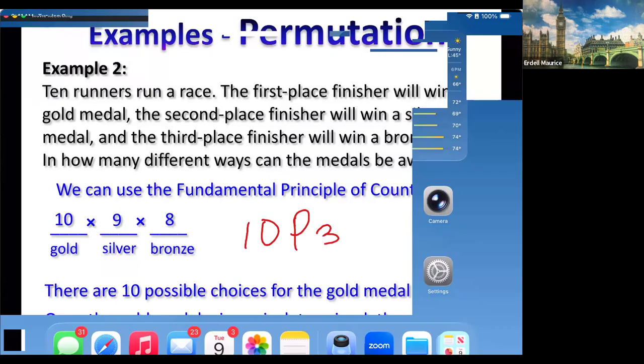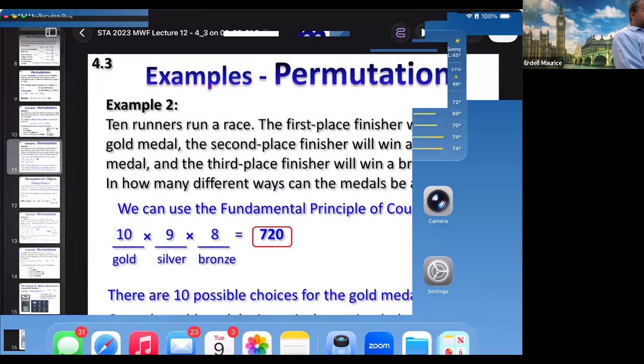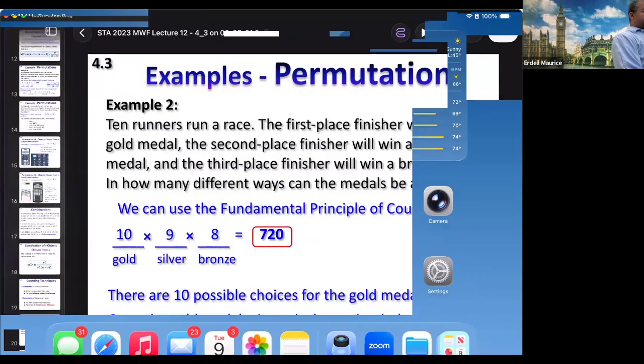Yes? 10 P 3. That means I have 10 people in total, and I'm going to be selecting 3 items to make a list. Question there? All right, cool. And then we did like 500 examples.